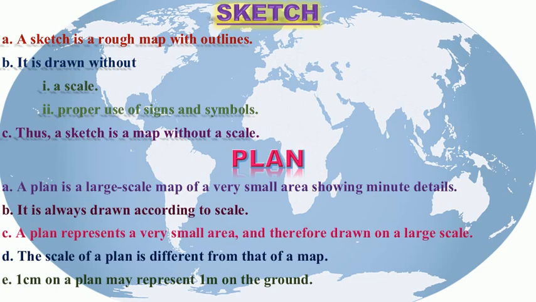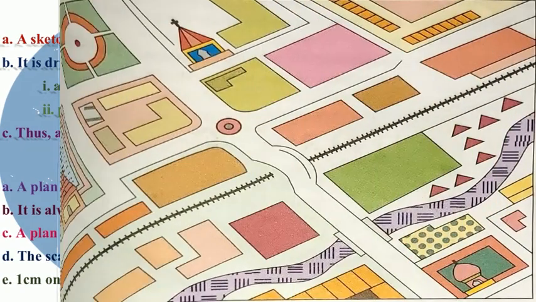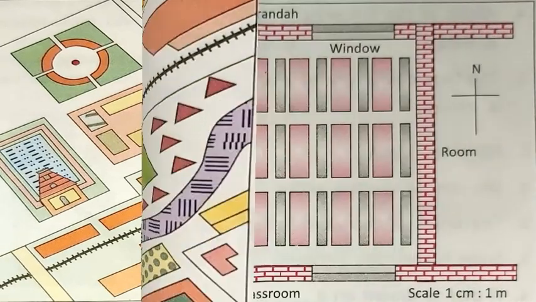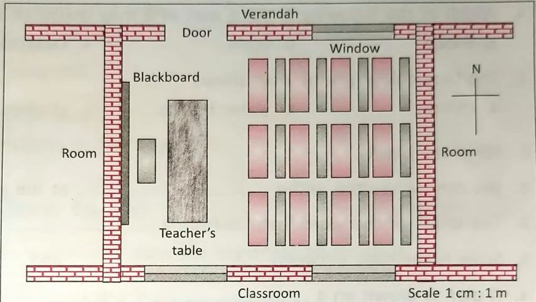Okay, let me show you the picture of what a plan looks like. As you can see here, this is a plan of a classroom. And as you can see here, it is written scale, that is 1 centimeter is to 1 meter, which we have discussed right now, that in a plan 1 centimeter may represent just 1 meter on the ground.